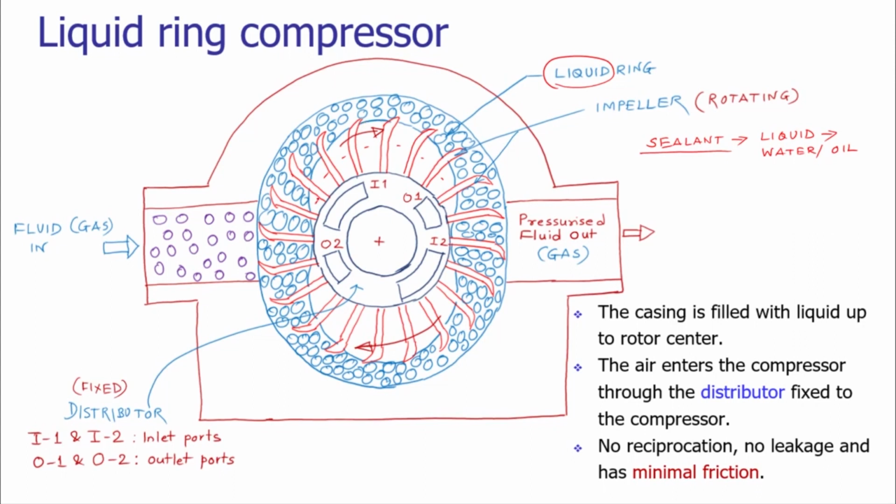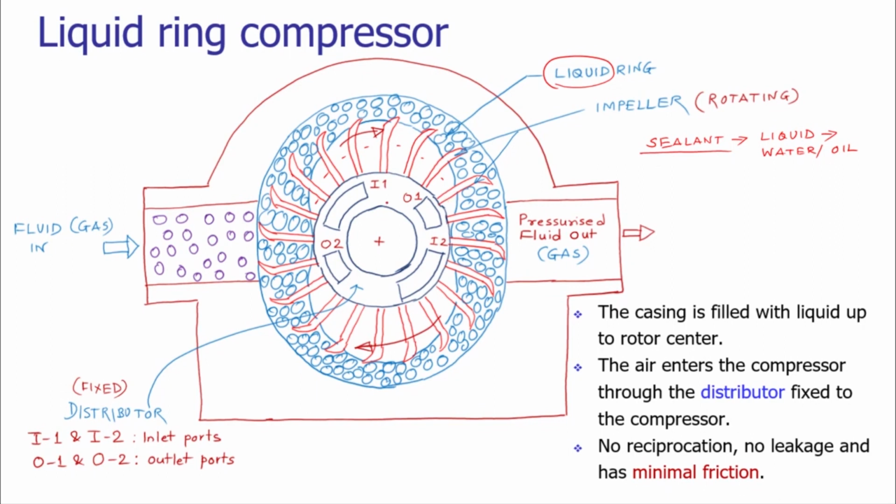But you notice that the volume or the size of these spaces is varying. It is increasing in this direction and then it is reducing. So these variable volumes are utilized for the suction and compression of the air during the operation.